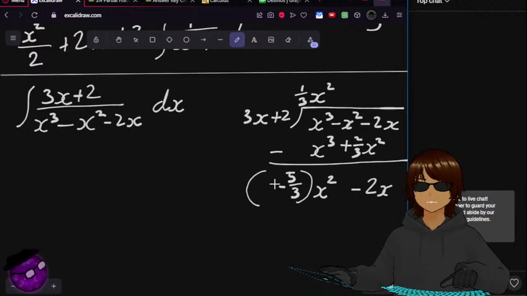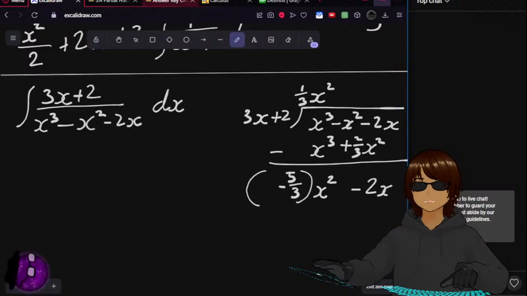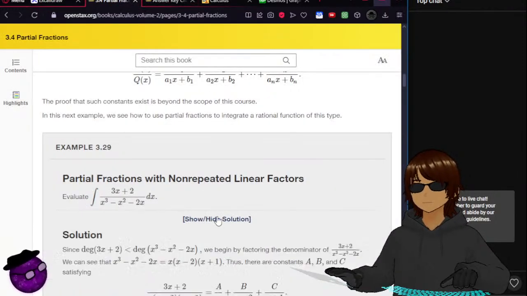I don't know if this is correct. Hold on, what do they do?